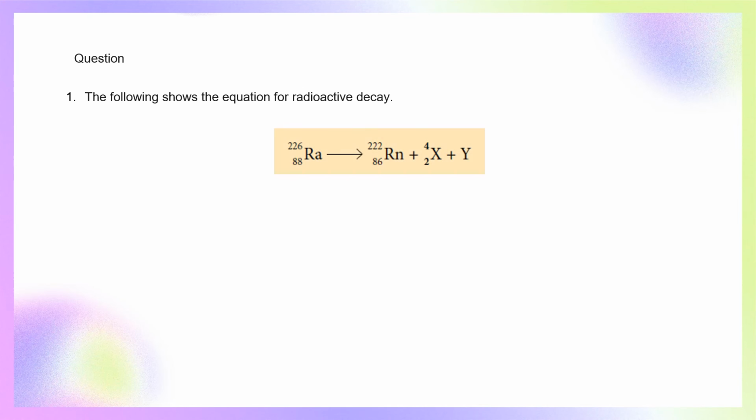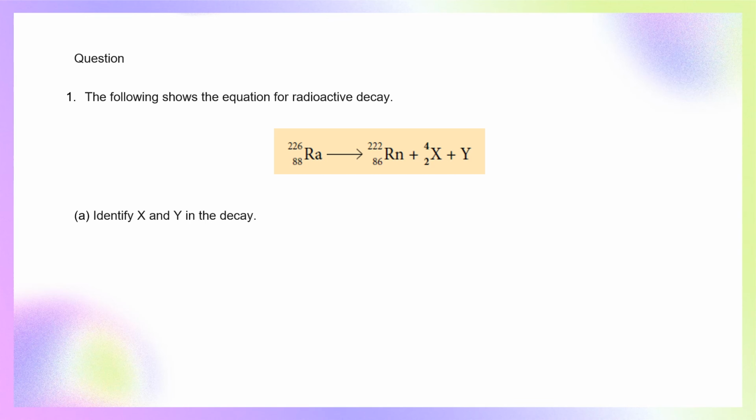Next, let's answer the questions related to our lesson today to test our understanding. Question number 1. The following shows the equation for radioactive decay. Ra-226-88 undergoes the decay process and produces Rn-222-86 plus X-4-2 plus Y. The question is, identify X and Y in the decay.